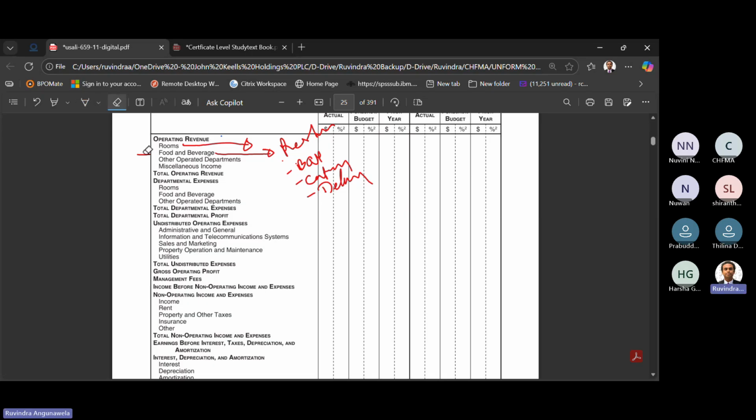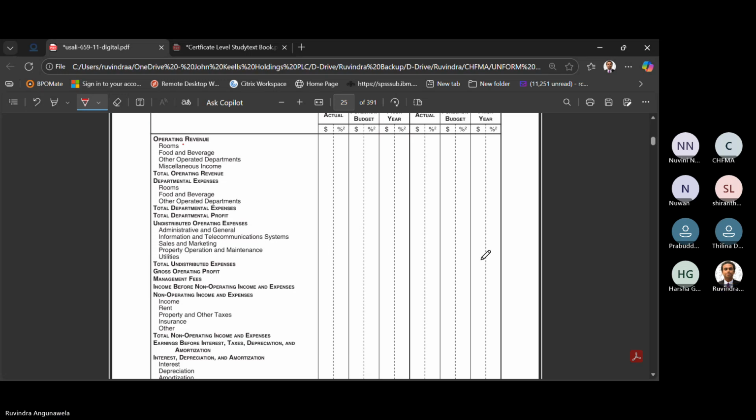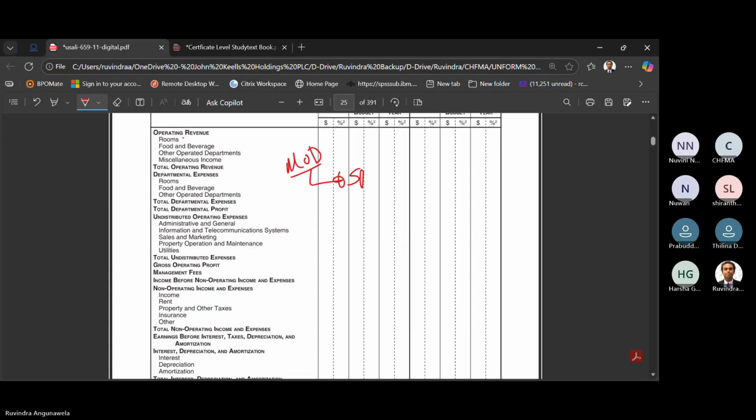Then we have the other operating departments. The other operating departments are none other than the mine operating departments. Remember the mine operating departments I spoke to you about last week? What are the mine operating departments of a hotel? Who can recall? Excursion. Spa. Yes.